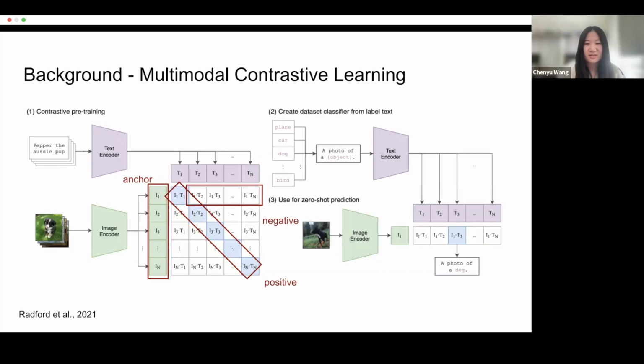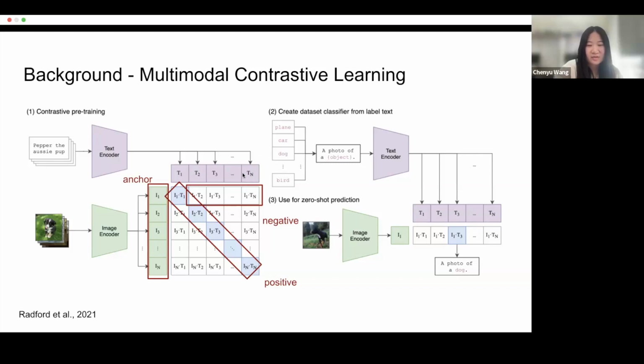So this is a figure from the CLIP model, which is trying to match images and their corresponding text captions. And here we see that there are individual encoders for each of these two modalities, a text encoder and an image encoder, and they map the data to the latent space with I1 to IN and T1 to TN.